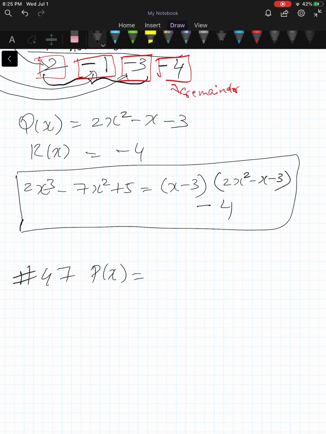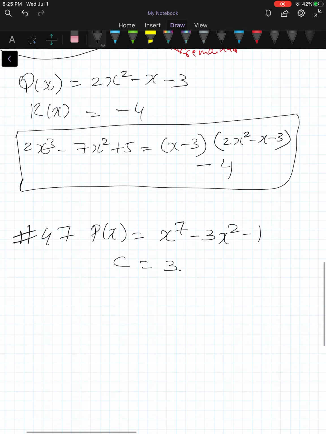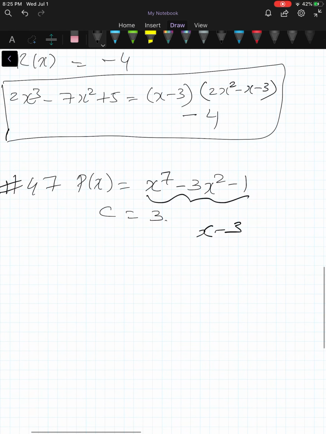So p of x is equal to x to the power of 7 minus 3x square minus 1, and c is equal to 3. When you are given c is equal to 3, it means that you are asked to divide the given polynomial by x minus 3. So let us write all the coefficients of p of x from degree 7 to 0.